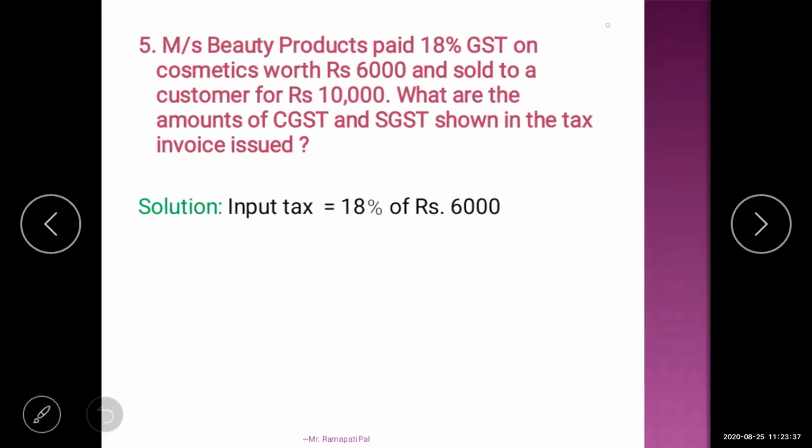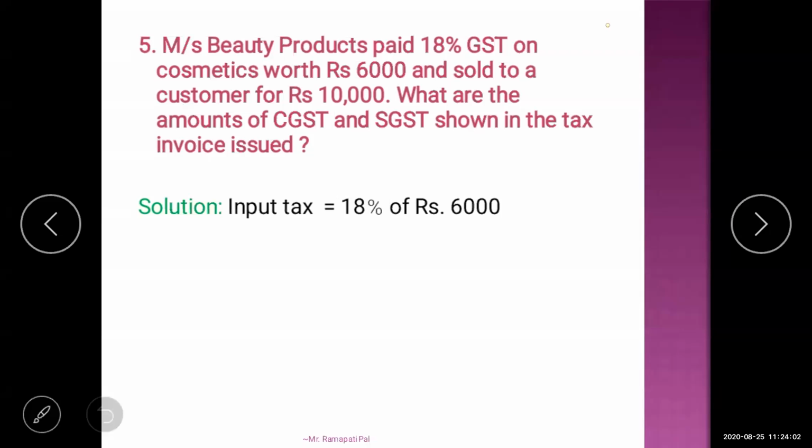Input tax is equal to 18% of rupees 6,000. 18% means 18 upon 100 into 6,000. Now calculate it fast.